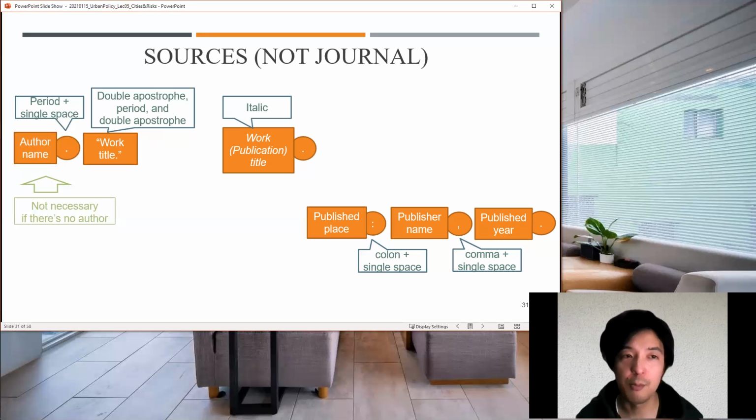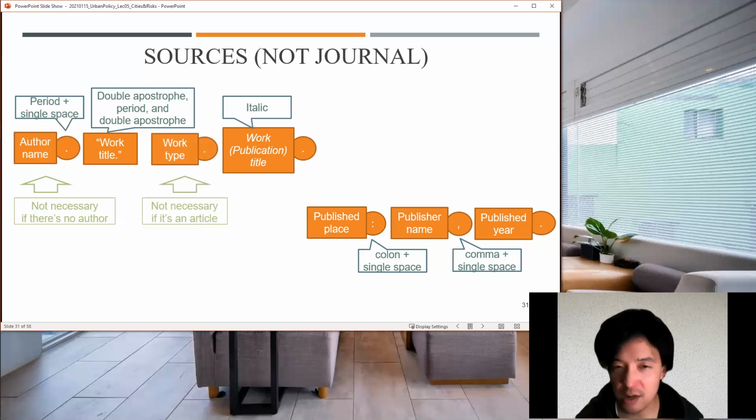The work title comes right after the author's name, and you need to use double quotation marks, with the period before the closing quotation mark. And if it was an article, this is not necessary.